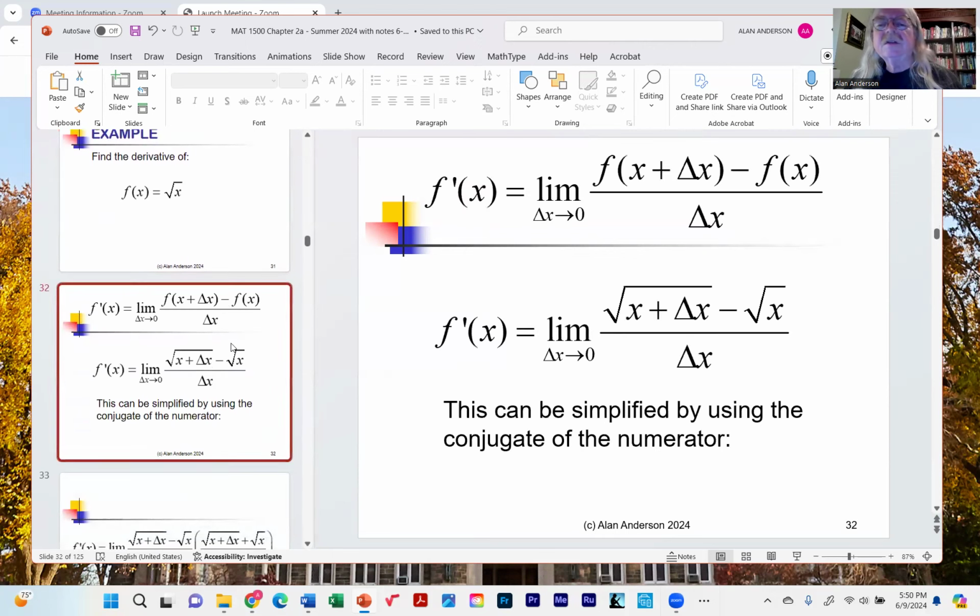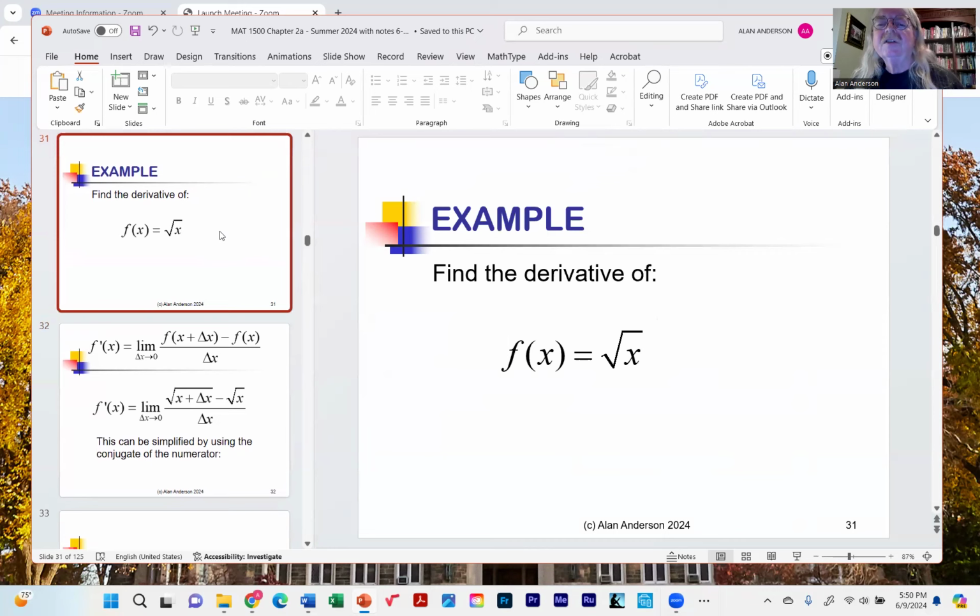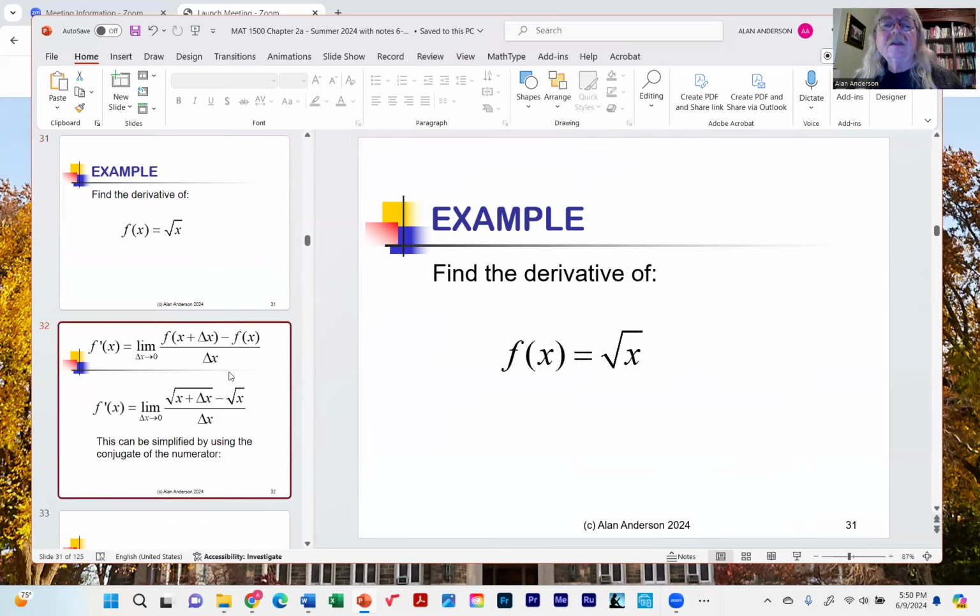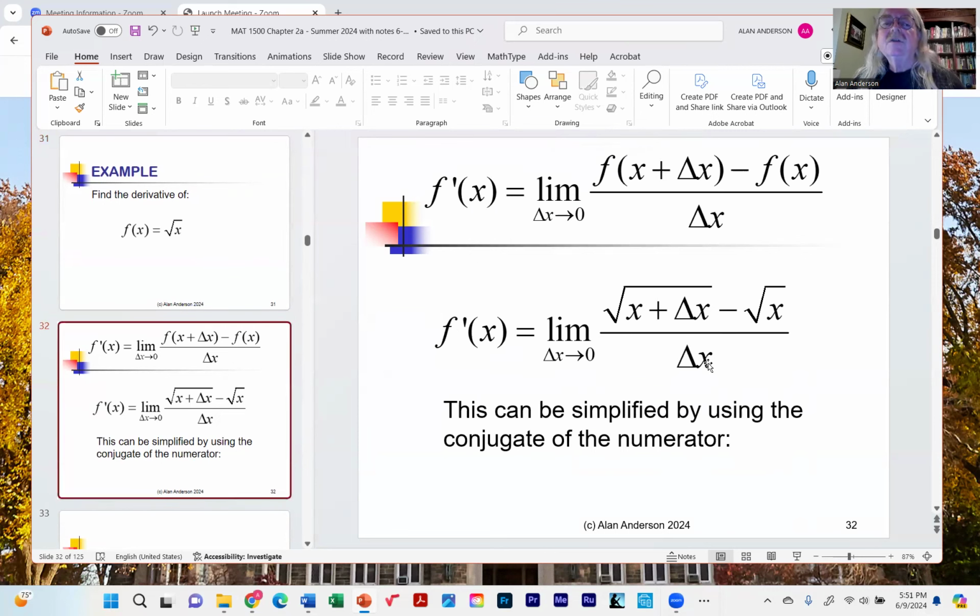Anyway, let's use this new definition we just found. It's like a new toy that we have to play with. Here's the function, and we want to find not the derivative at a single point, but the derivative for the entire function using this approach. Remember, f of x is square root of x. So this is equal to the square root of x plus delta x minus square root of x, and then we always divide by delta x.